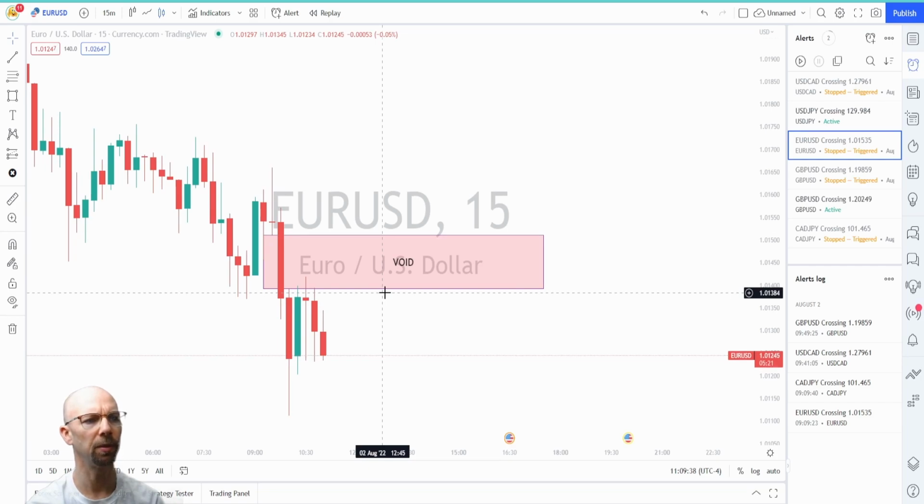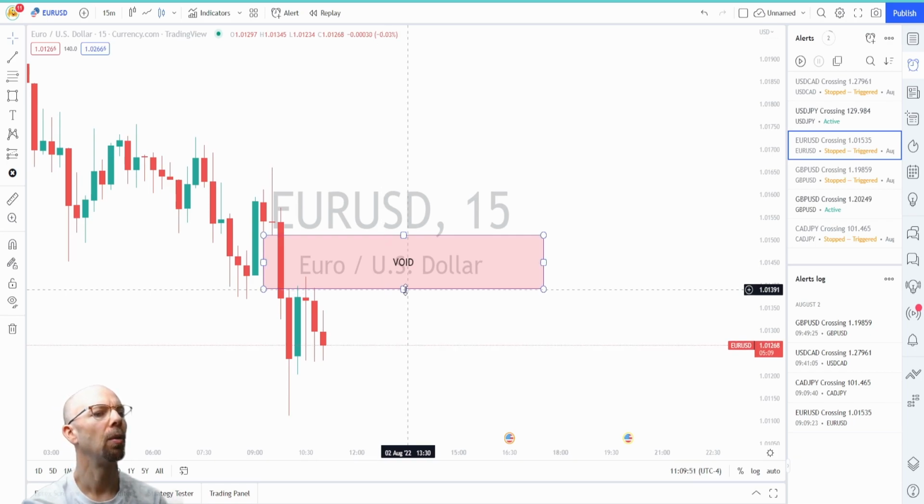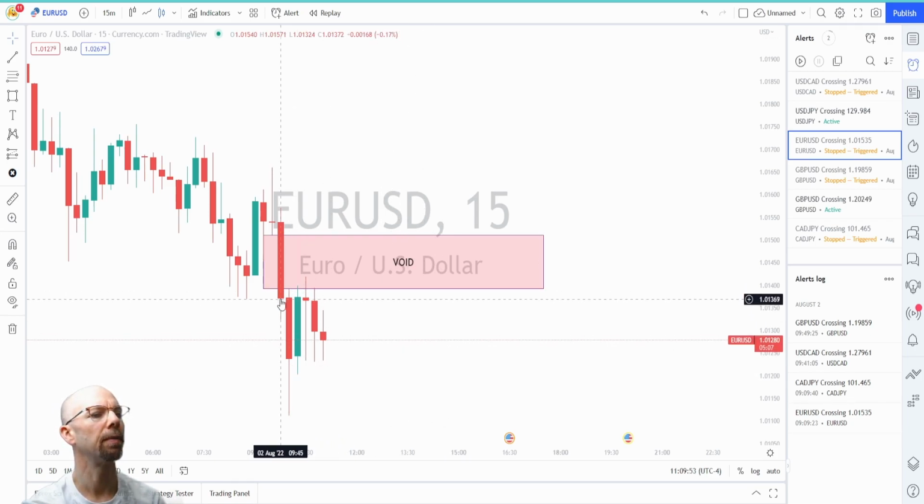Now, it doesn't always do that, but it's a potential area where you may see a reversal. And if you start looking through your charts, you're going to notice that this happens over and over again. When you're looking at this, you can see price pushed away, closed, and then came right back into the area.